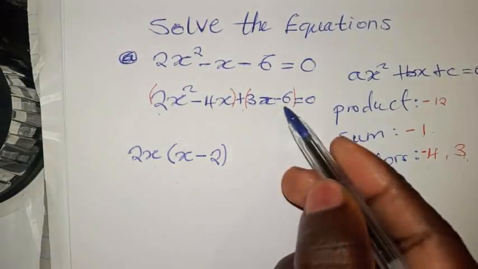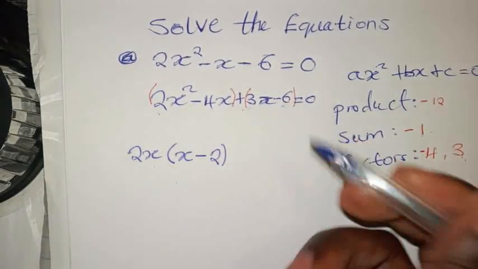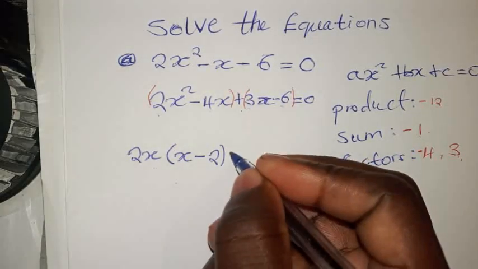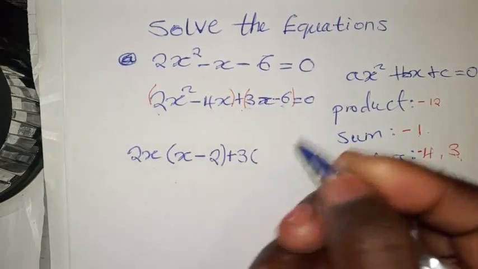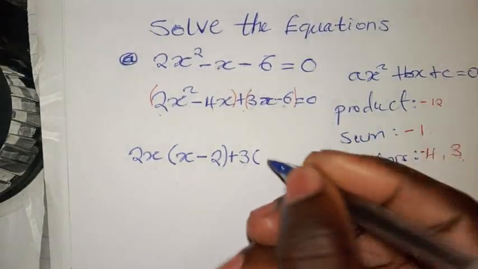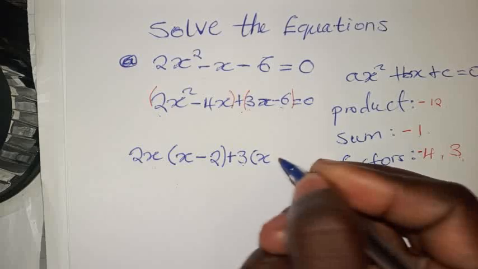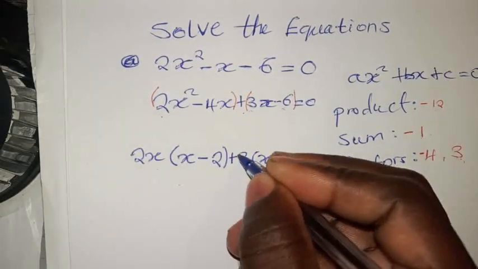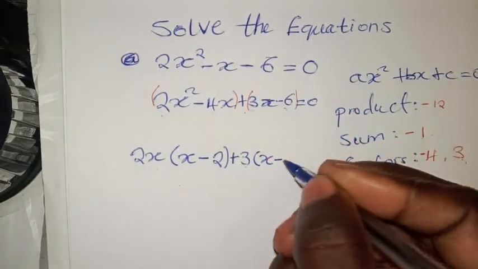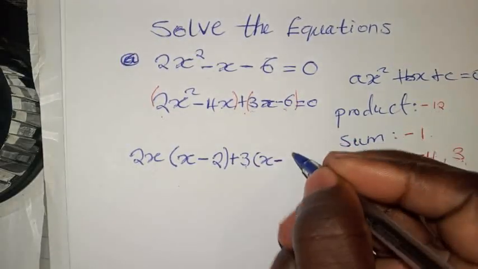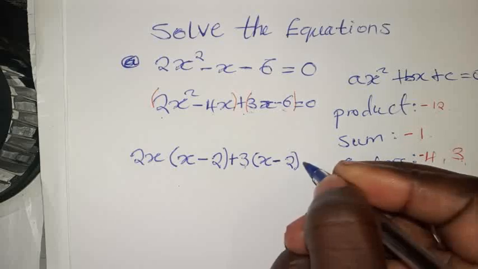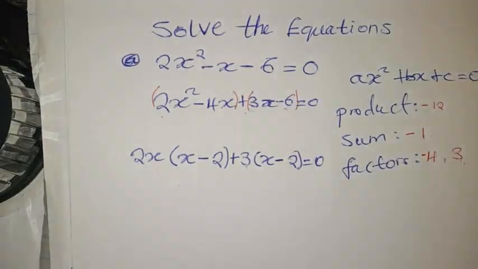Then here, what is common between the two terms? We can see that it's only 3 that is common, open brackets. 3x divided by 3 gives us x. Then minus, because positive divided by negative is a negative, 6 divided by 3 gives us 2, equal to 0.